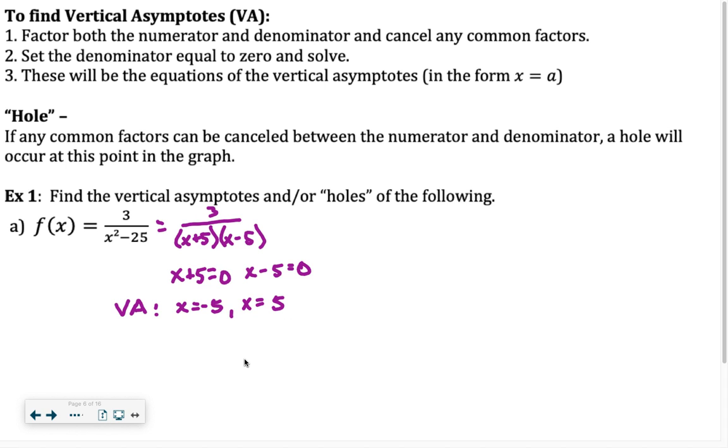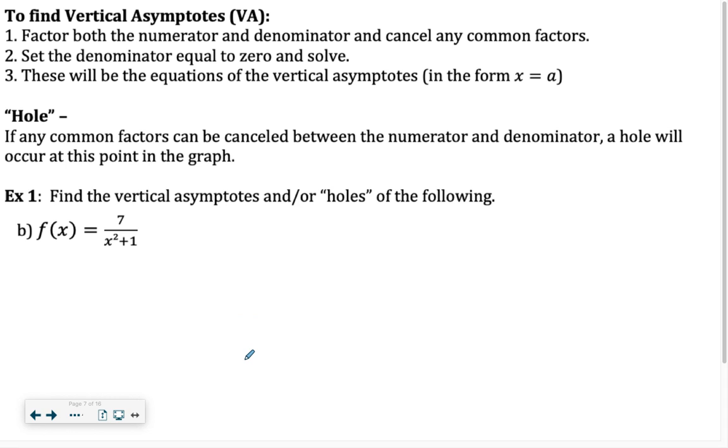All right. In our next example, again, I can't factor the numerator, and I actually cannot factor the denominator here either. We can only factor a difference of squares, not a sum of squares. So let's set the denominator equal to 0 then. So x squared plus 1 equals 0.